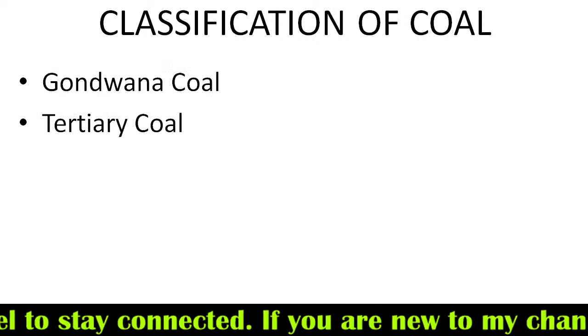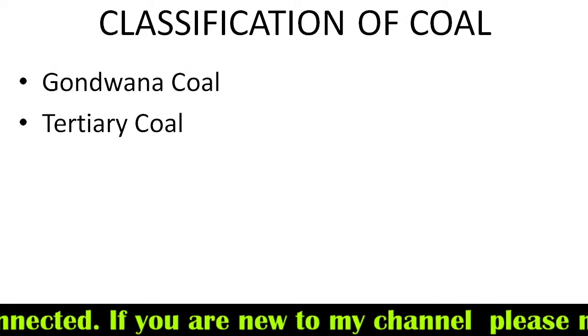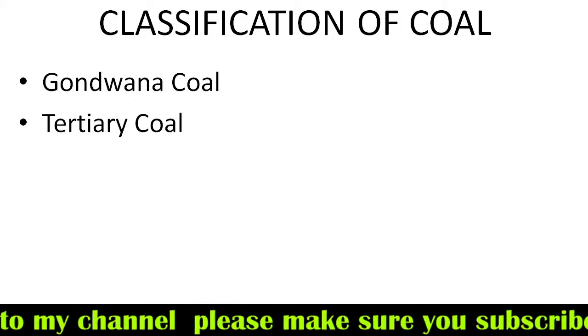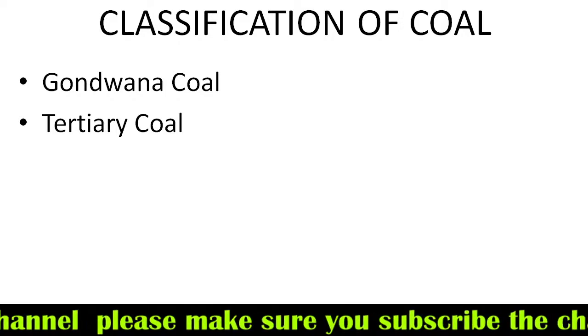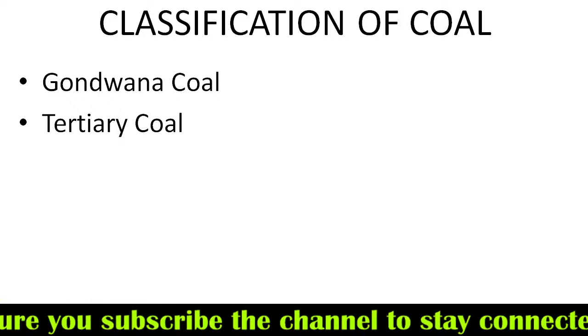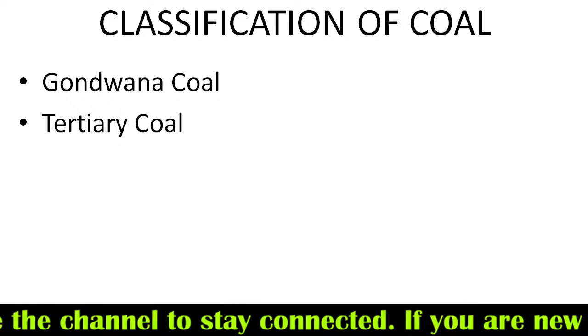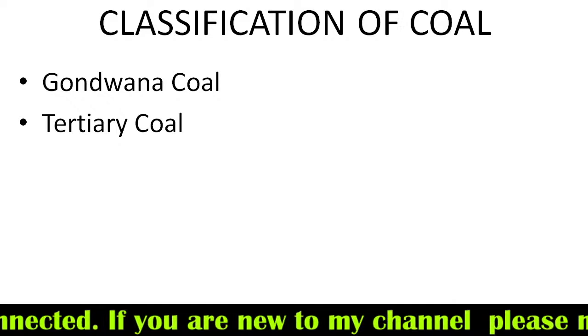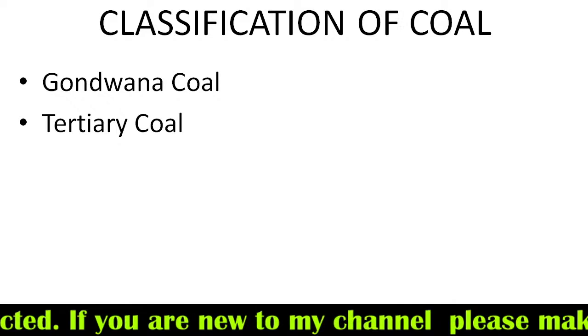Now classification of coal, if you go by the regions, we have divided them. There are two important deposits of coal we obtain: one is the Gondwana coal field and another is the tertiary coal field.